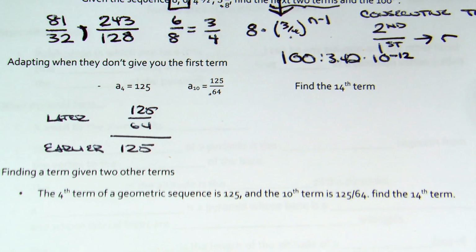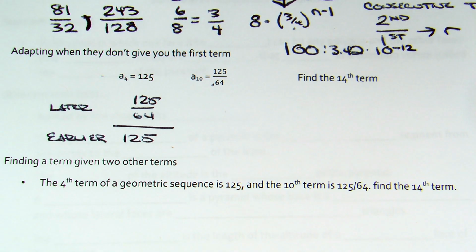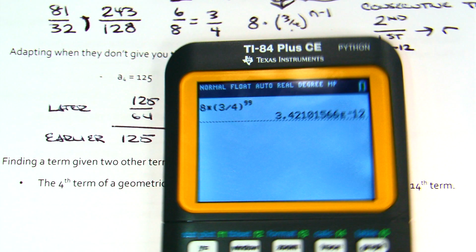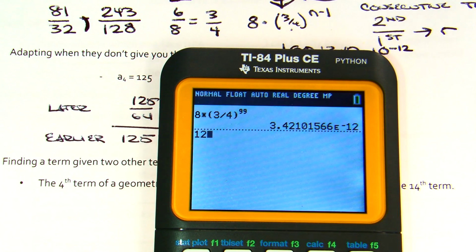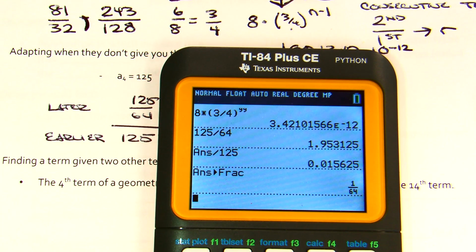Does that make sense? So whatever comes later goes on top, whatever comes earlier goes on bottom. Then you're going to divide. 125 divided by 64 divided by 125, math 1. And you get 1 over 64.